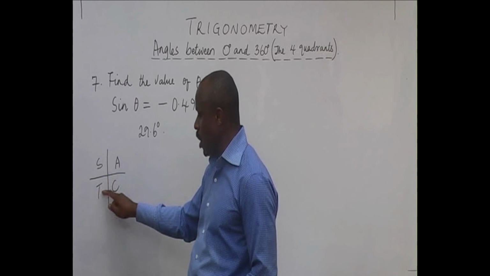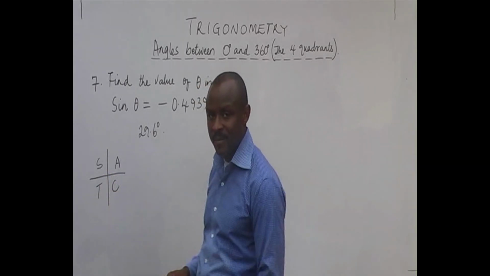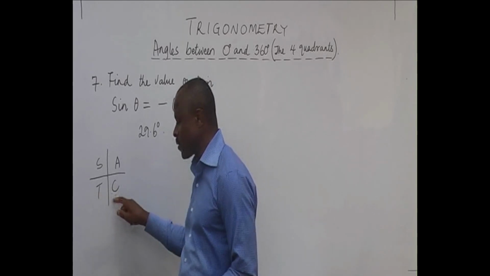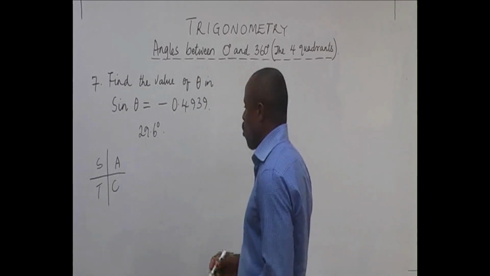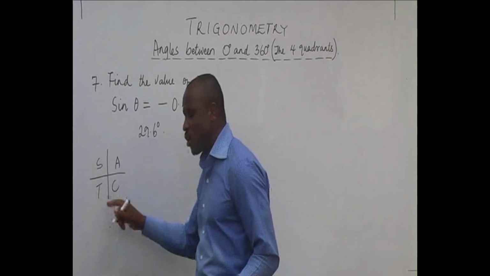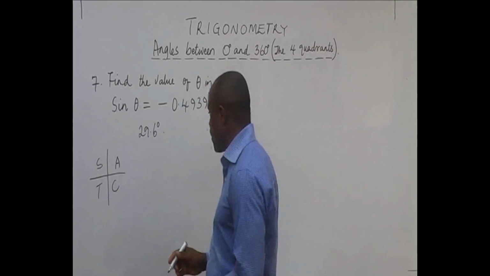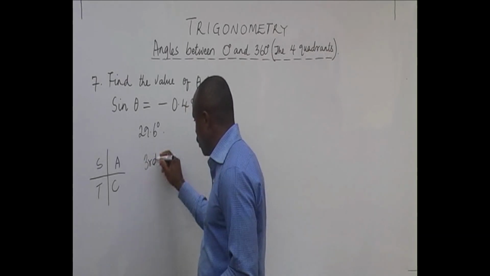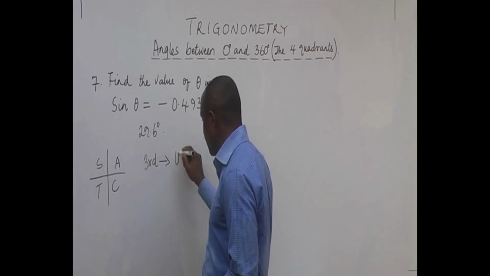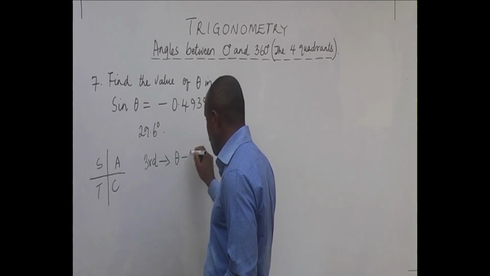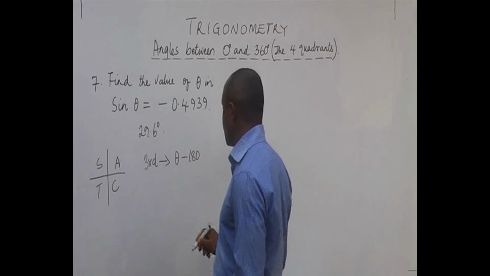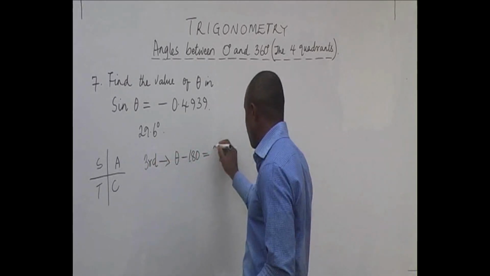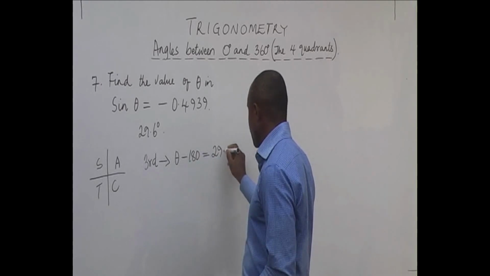That means in the third and fourth quadrants, sine is negative. We are going to apply the laws in the third and fourth quadrants. What is the law applicable in the third quadrant? The law says theta minus 180. So theta minus 180, you equate it to the number you found from your four-figure table, 29.6.